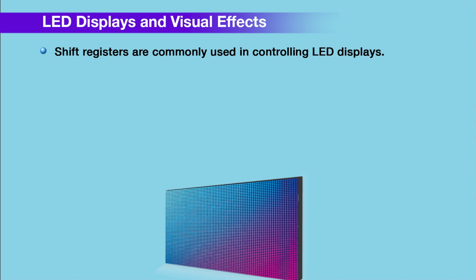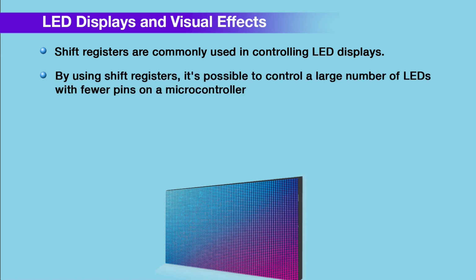LED display and visual effects. Shift registers are commonly used in controlling LED displays. By using a shift register, it is possible to control a large number of LEDs with fewer pins of a microcontroller.